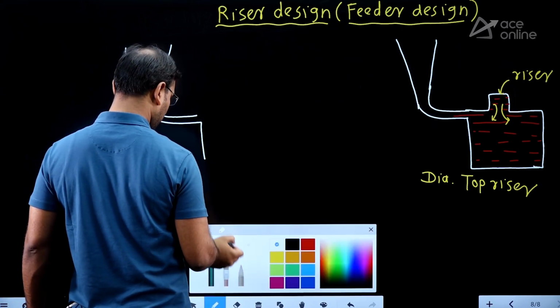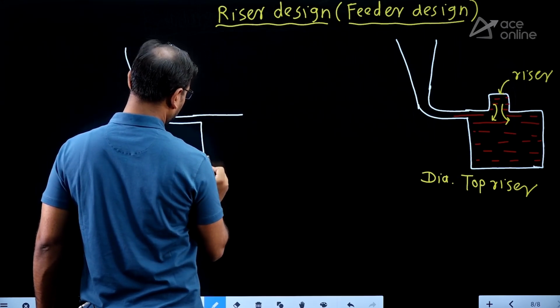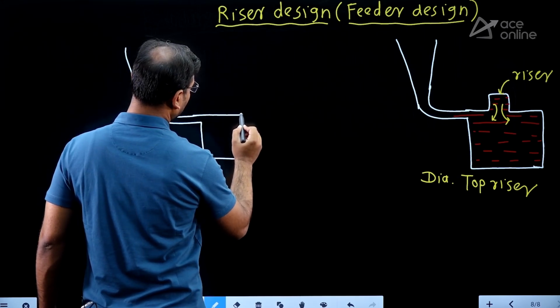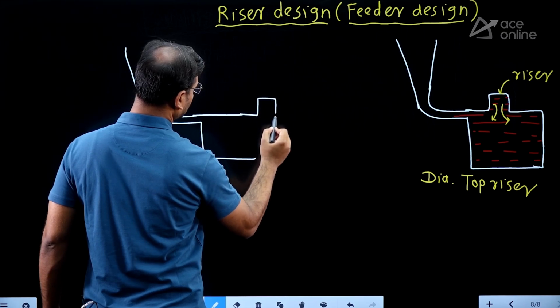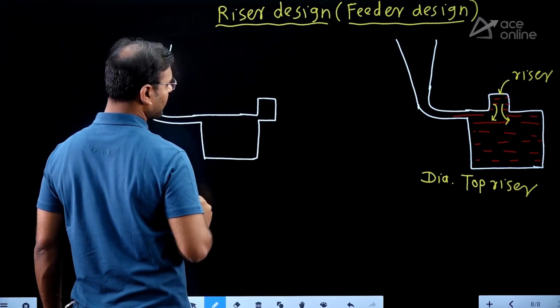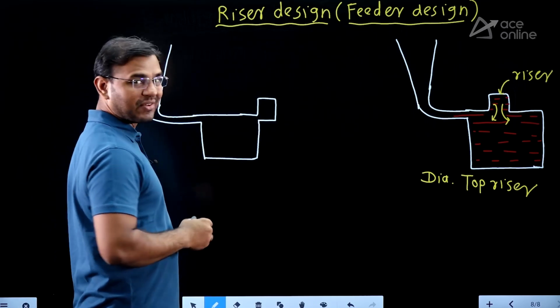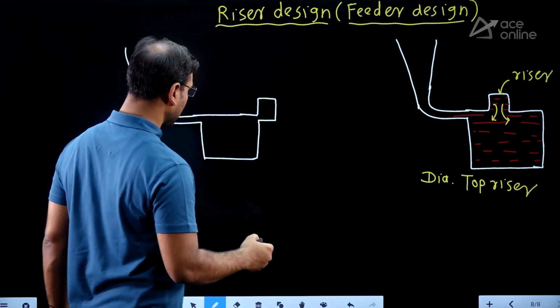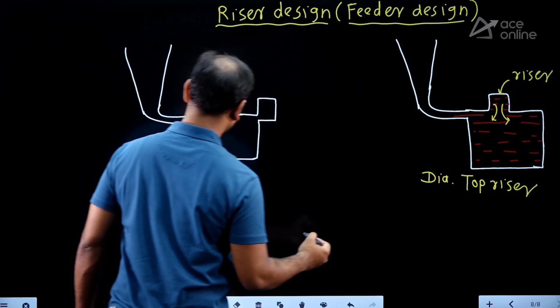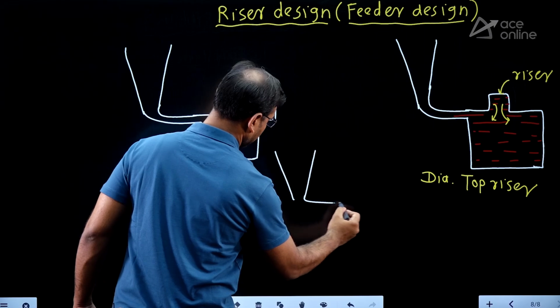One is for solving the numericals. For solving the numericals I am drawing the diagram like this. This is the side riser for solving the numerical. But when the actual case happens, when we are actually doing the casting, the diagram of the side riser is like that in the actual casting.